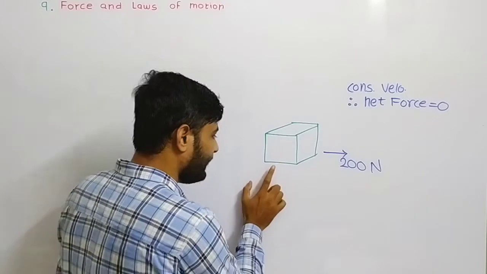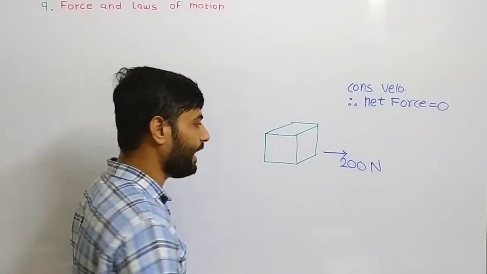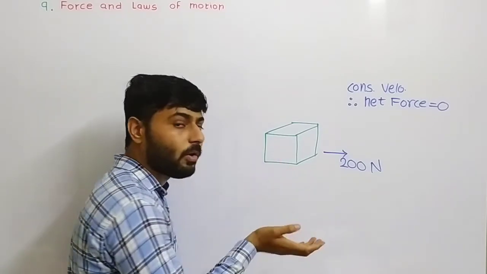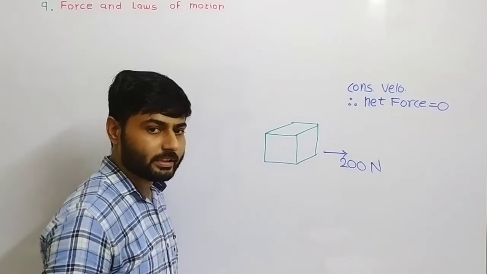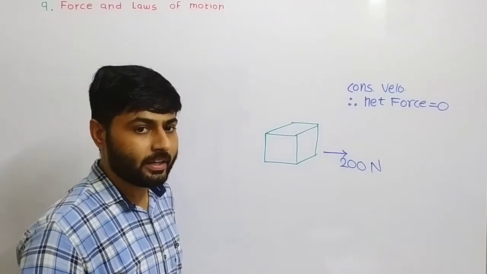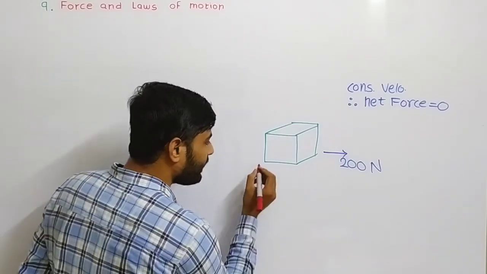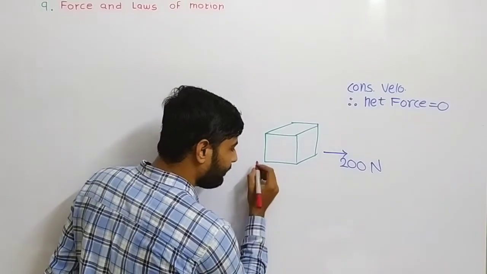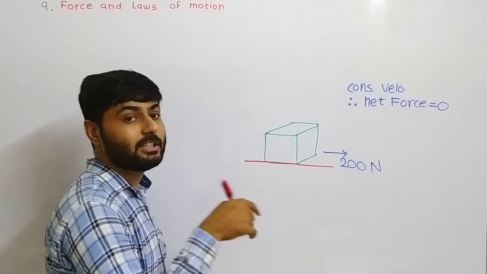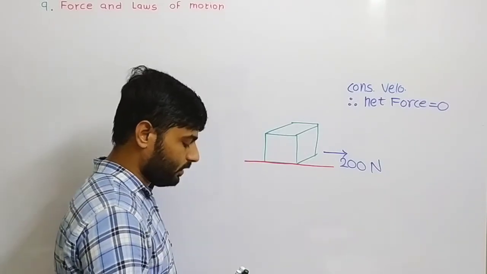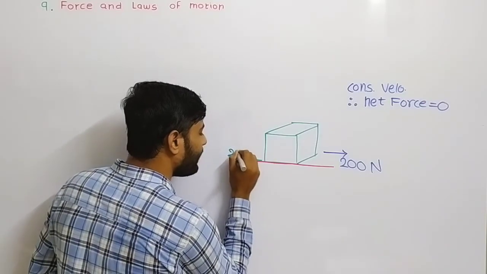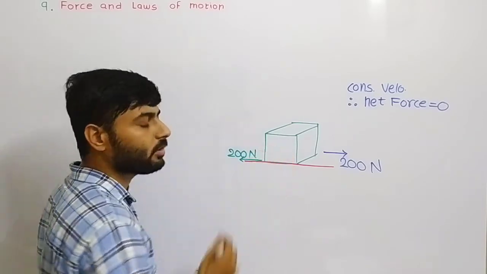So to continue this motion, I have to apply some force that is opposite to the force applied by the surface on this object. If I have to apply a force of 200 Newton, it means the surface on which this block is moving should apply 200 Newton on this object.